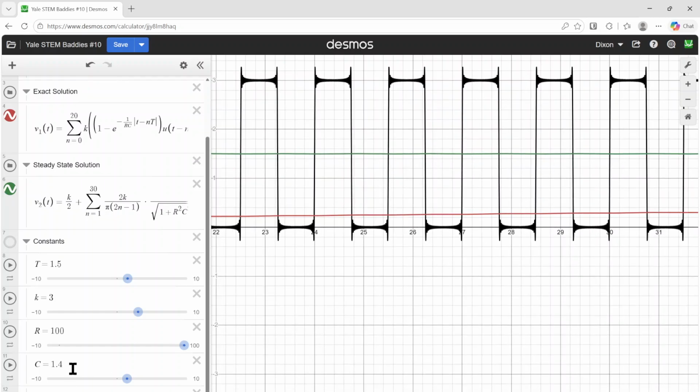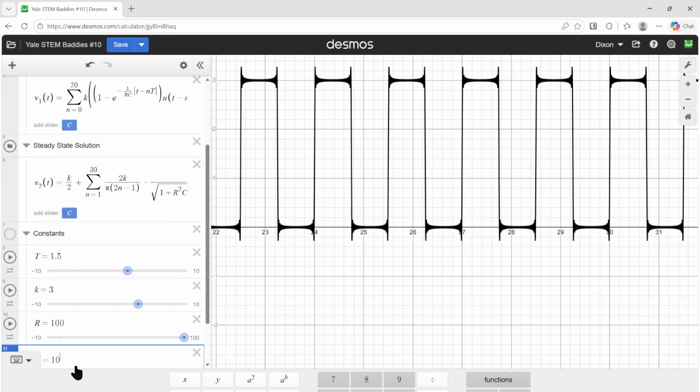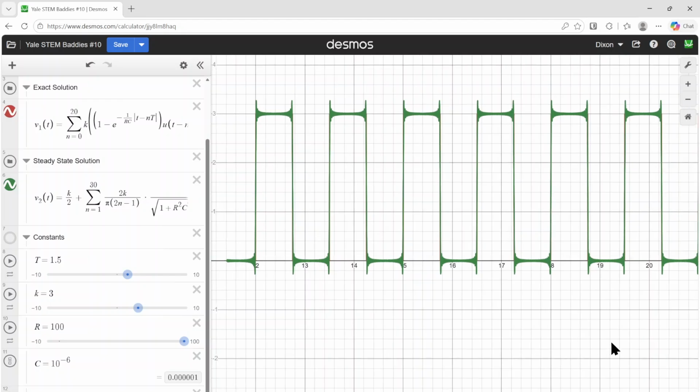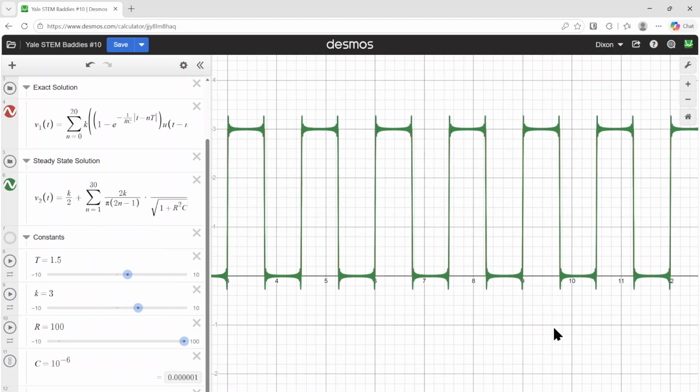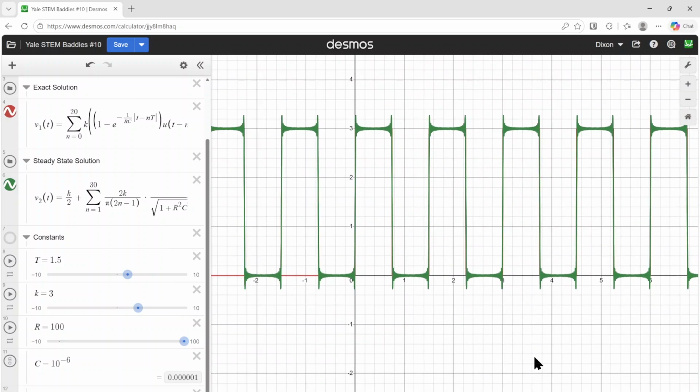So that's important. And then here's the capacitance. You can make the capacitance really small, and if the capacitance is really small, then basically there is no difference between the input wave and the output wave. So that's pretty interesting.